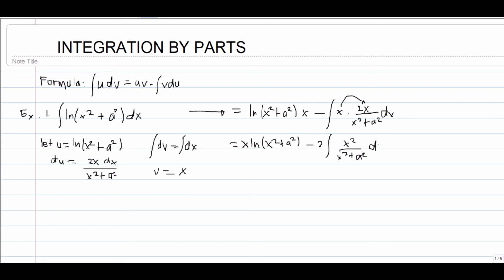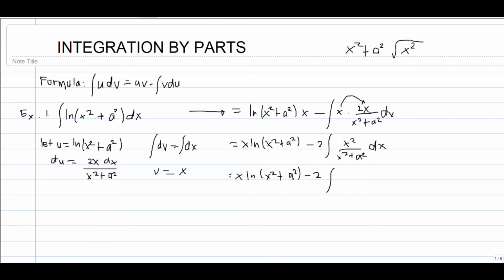Then, to handle the x squared, we use long division. So we have x ln of the quantity x squared plus e squared, minus 2 times the integral of the division of x squared by x squared plus e squared.